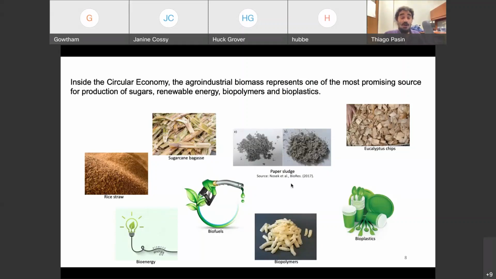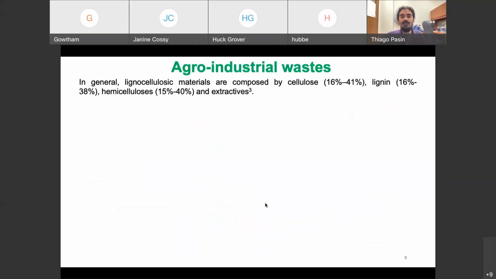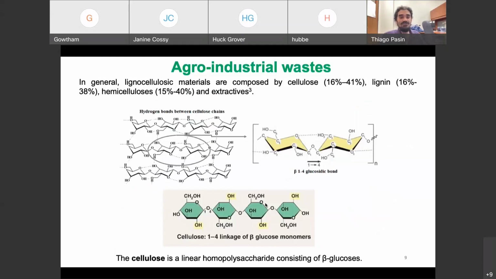We can use all these residues to produce high value-added compounds, for example, bioenergy, biofuels, biopolymers, and bioplastics.